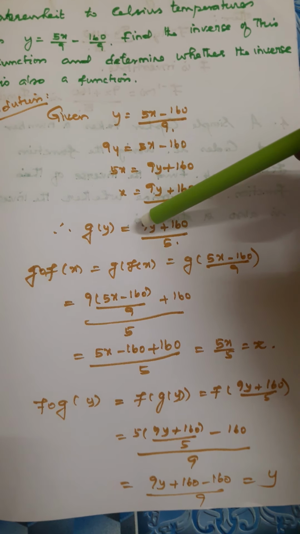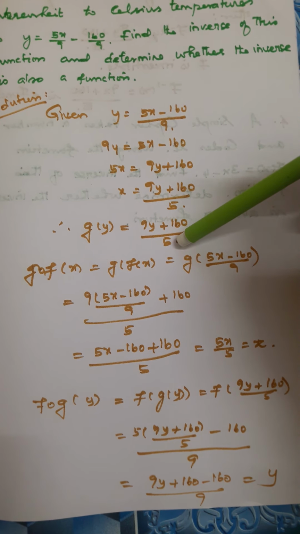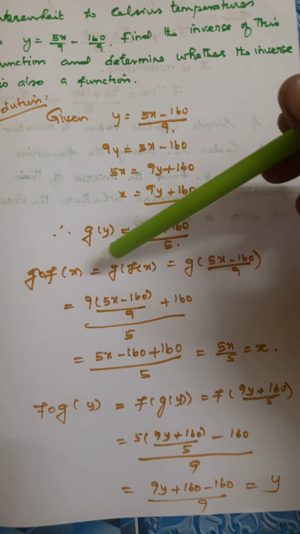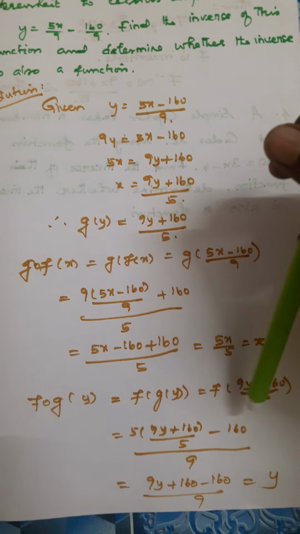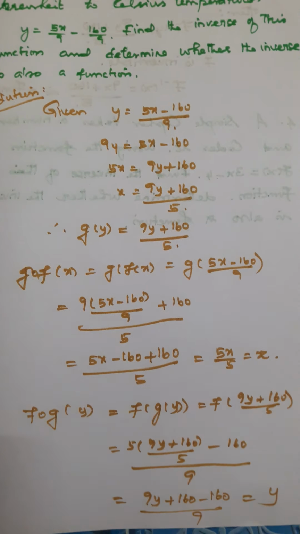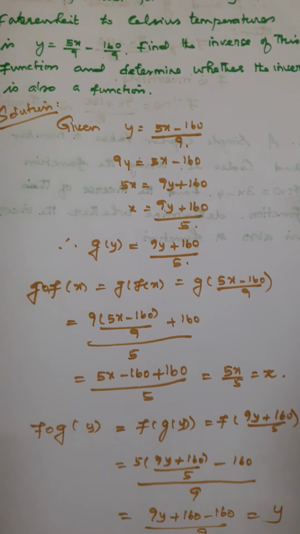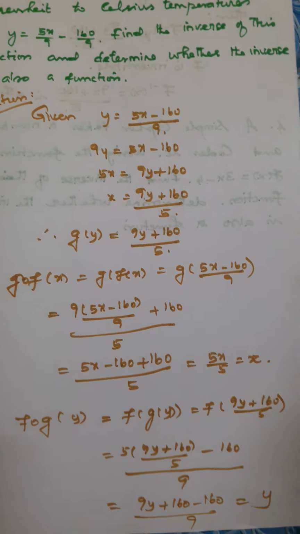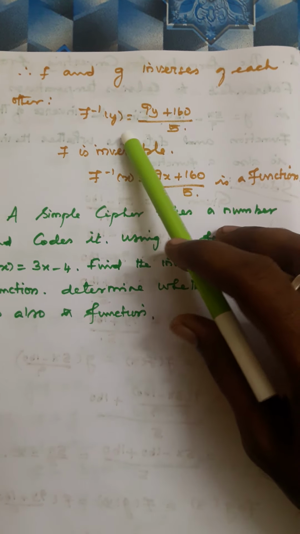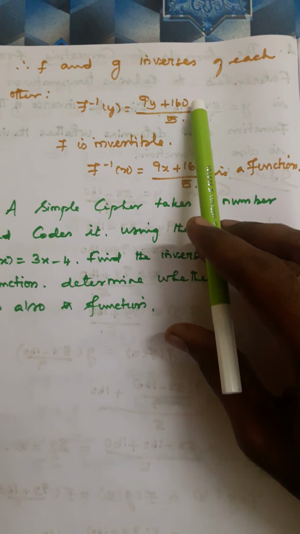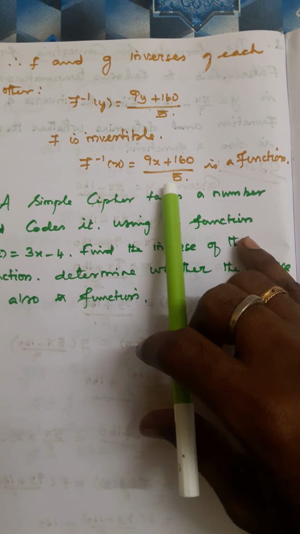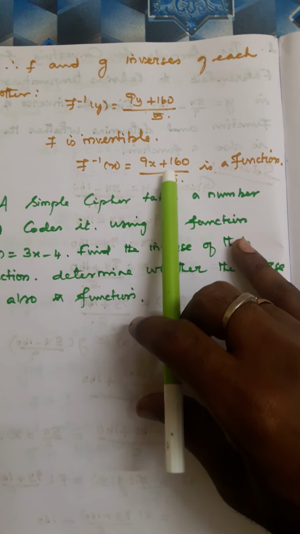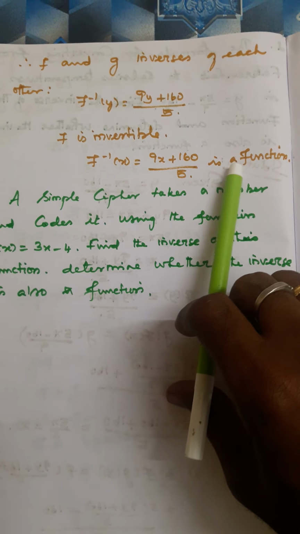So g of y equal to 9y plus 160 by 5. g composite f of x you can find out as x, and f composite g you can find as y. Therefore f and g are bijections and inverses of each other, right? f and g are inverses of each other, and f inverse of y equal to 9y plus 160 by 5. Since f is invertible, f inverse of x equal to 9x plus 160 by 5 is a function.